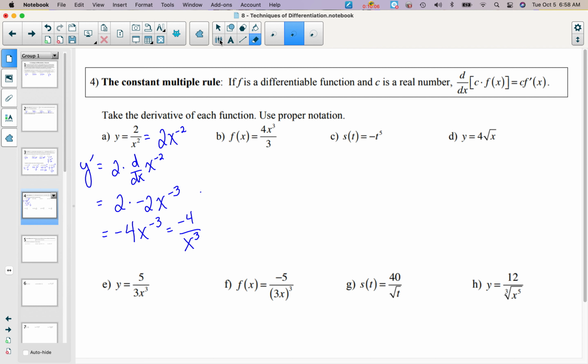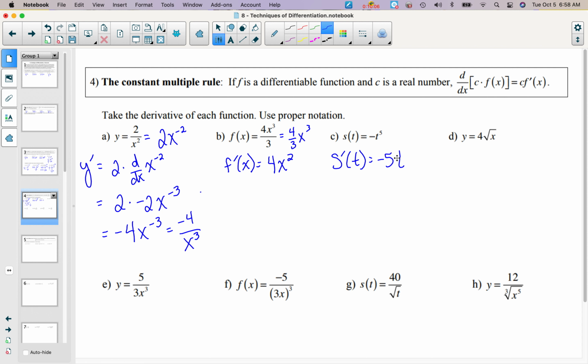So on this next one, let's rewrite this as 4/3 x cubed. So to get f prime of x, we're going to take 3 times the 4/3, so the 3's cancel. We're left with 4x squared. Next one, we don't really need to do much here. This is like having a -1, so 5 times a -1 is -5, t to the 4th power.